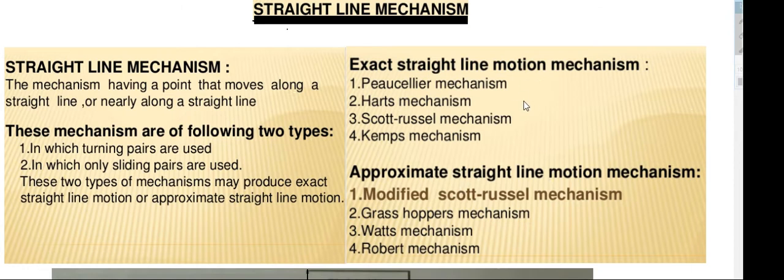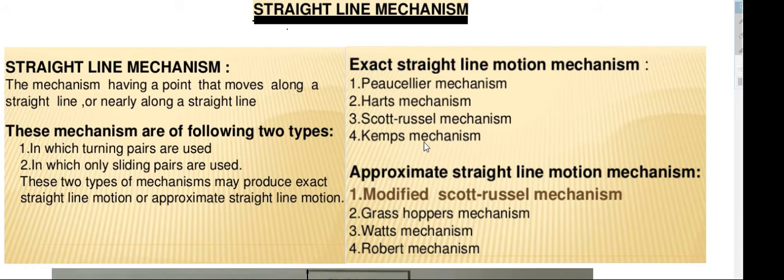For your examinations, they may ask you to name one of the exact straight line mechanisms and sketch it, or they may ask any one of these directly. Anyway, there are four types of exact straight line mechanism. One is Peaucellier's mechanism, with a capital P because it is a scientist's name. Next is Hart's mechanism, and the third is Scott-Russell mechanism.